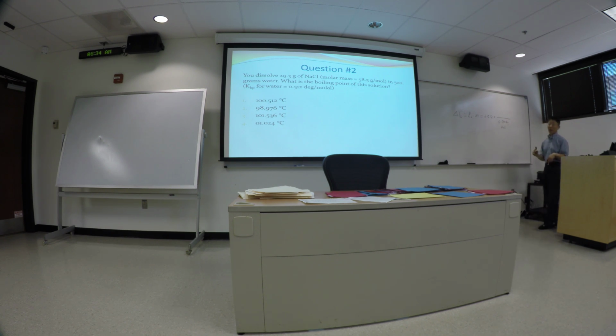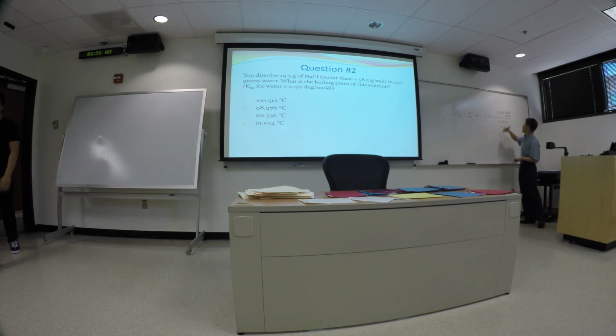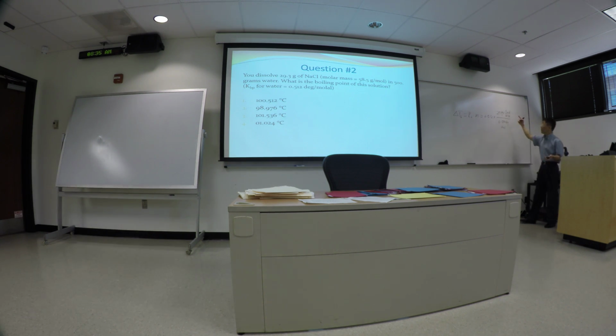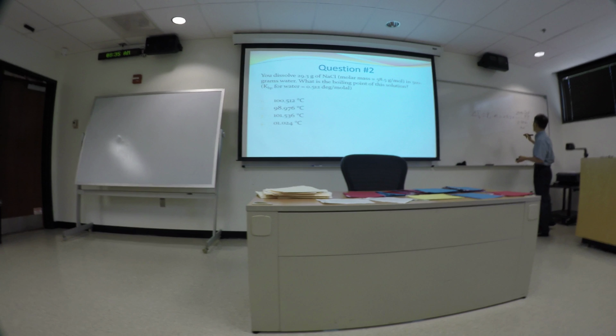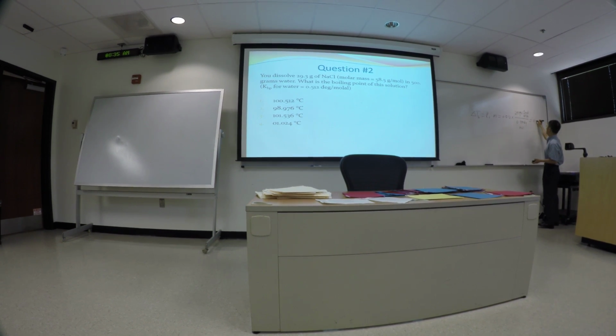Then moles of solute: we have 29.3 grams of sodium chloride, and each mole is 58.5 grams. Through this calculation, you can see gram and gram cancel out, and you get moles per kilogram.